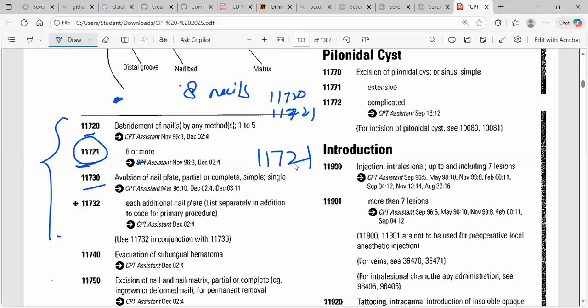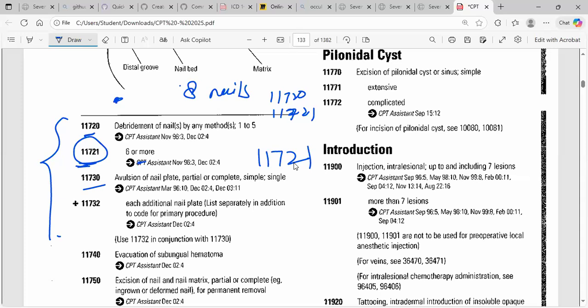11730. Okay. Next is avulsion. Avulsion means removing the nail completely.